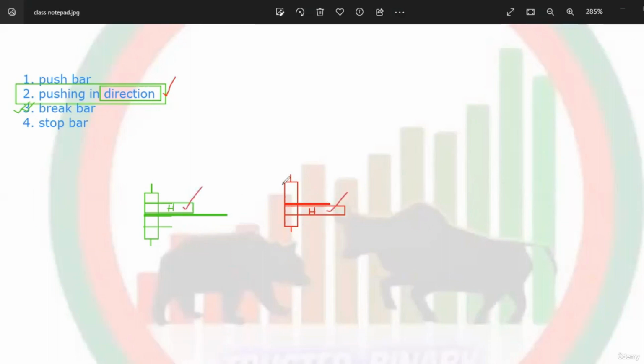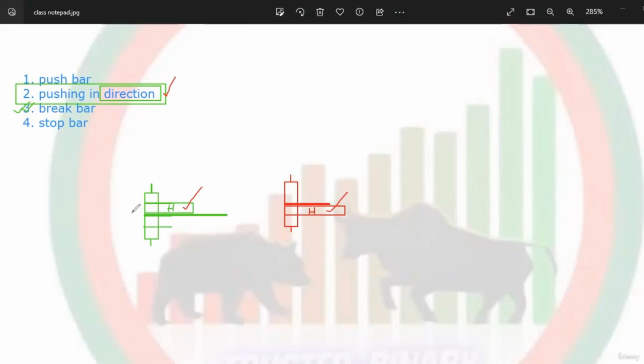In the case of a bearish candlestick, this is in the seller's hand, otherwise in the buyer's hand. So that is called the break bar. And most of the time we will get this situation when any breakout happens.